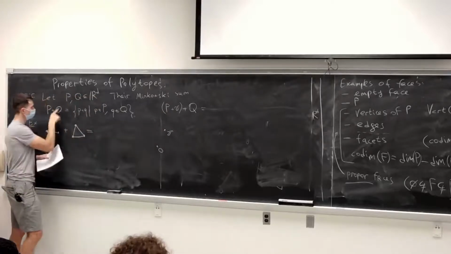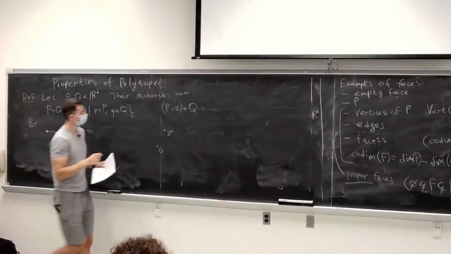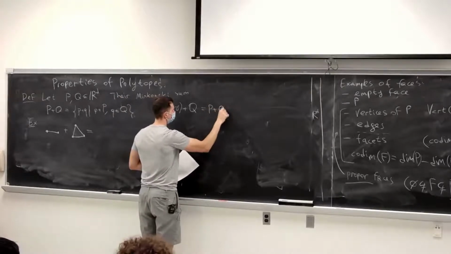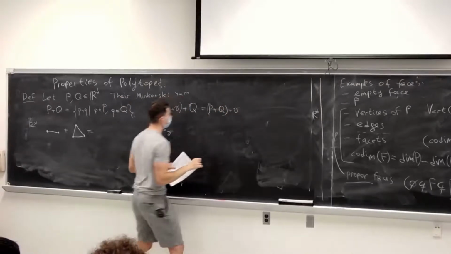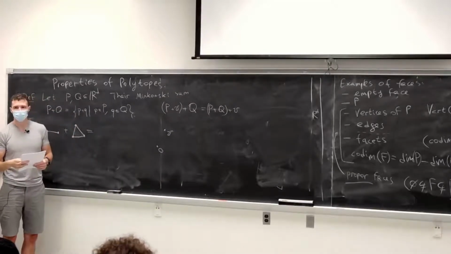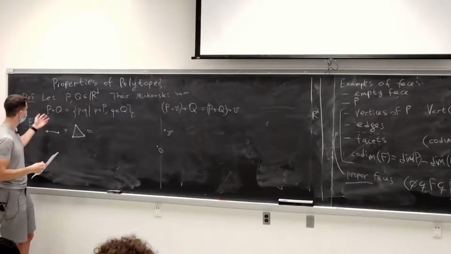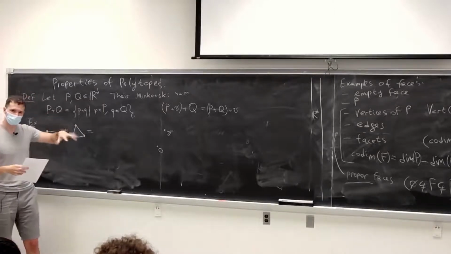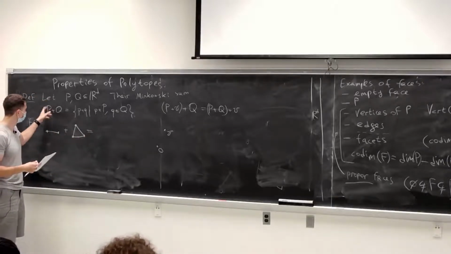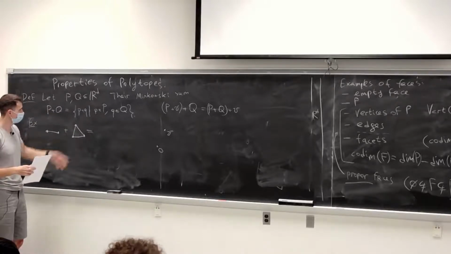If Q is a single point, then I just shift all the points of P by this. So if I take P plus V plus Q, it's the same as taking P plus Q plus V. But if you rotate P, you get a different sum. The Minkowski sum is very sensitive to rotating, or even rescaling one of the polytopes; in general, the result is sensitive.